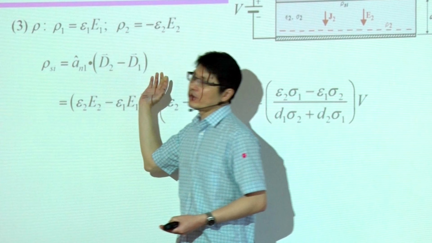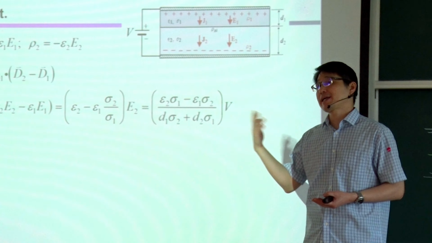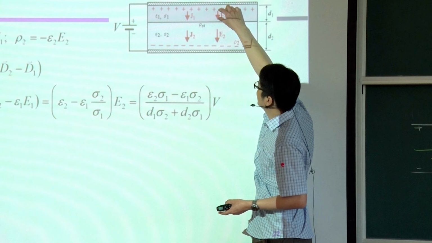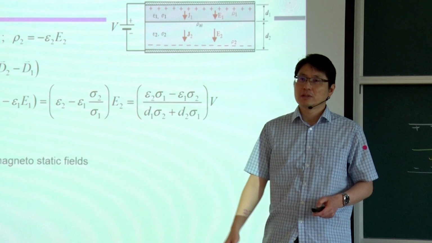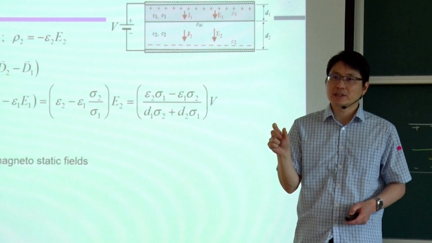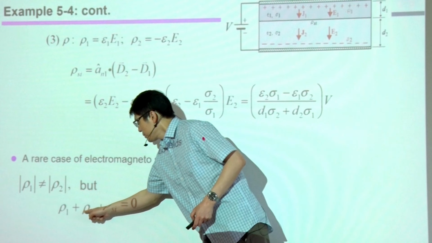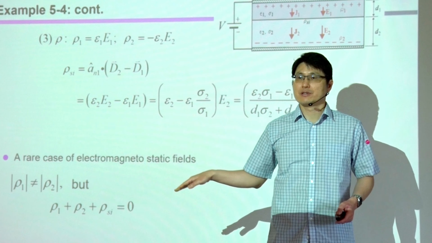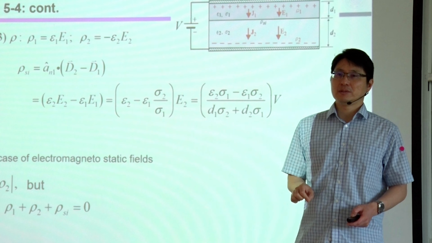Of course, you can invoke the conventional equation based on the fact that E1 and E2 are different. But what I'm saying is, charge neutrality cannot be violated. So rho 1 plus rho 2 plus your internal surface charge density still needs to be 0.